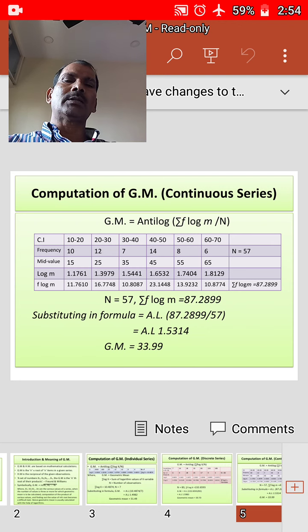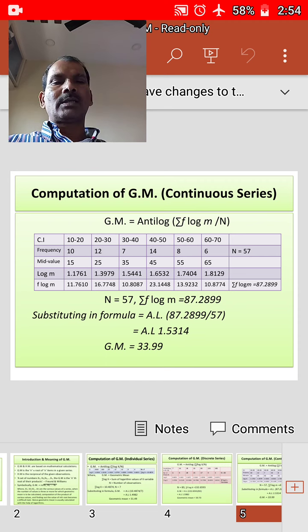Fourth class is 40 plus 50, 90 by 2, 45. Fifth class 50 plus 60, 110 by 2, 55. 60 plus 70, 130 by 2, 65.